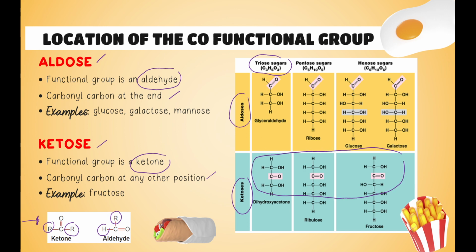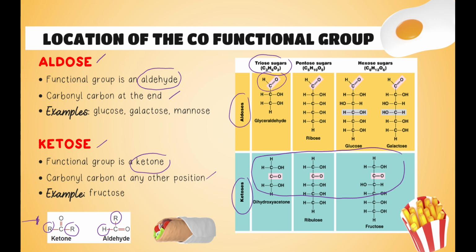Why is it found in the middle? Because take note, going back to the R group, the R group is at both ends of the carbon. So that is why it is found in the middle, because at both ends of the carbon we can still attach other molecules. Unlike here in your aldehyde functional group, since the carbon double bond O and your hydrogen are permanent, they are seen at the terminal end.